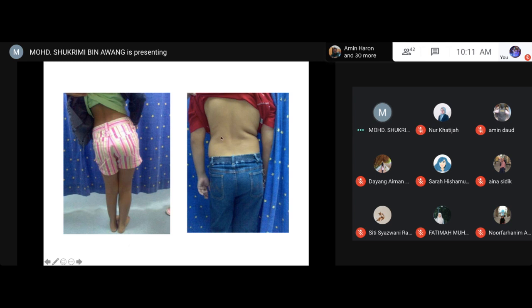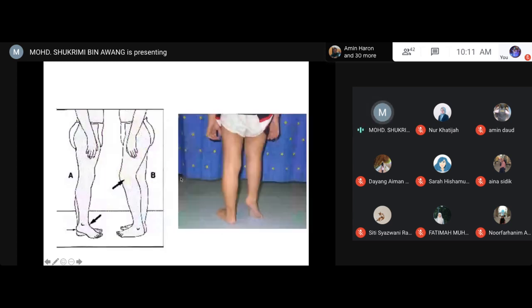So in this case, you want to see whether patient stands in tiptoeing, or patient stands while flexing the longer leg. So you have to see patient as a whole, from top to bottom.